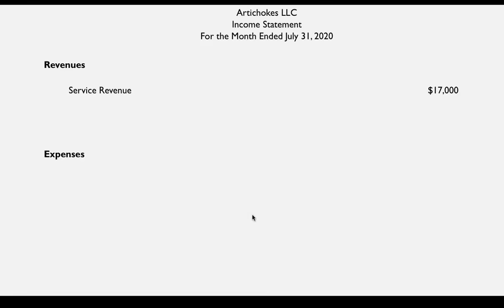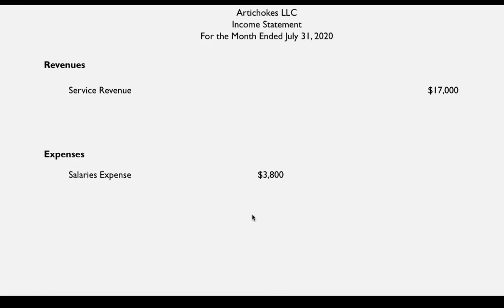Now, you can list out your expenses here from greatest to least. So we had salaries expense of $3,800. You can notice that that number is now more so in the middle compared to where we have that $17,000 for service revenue.